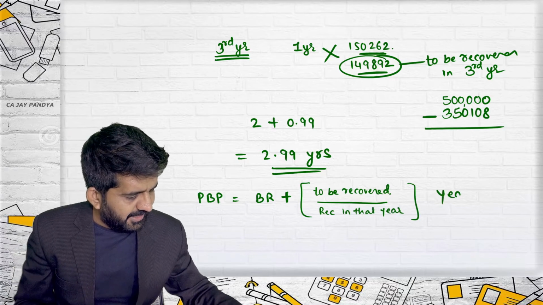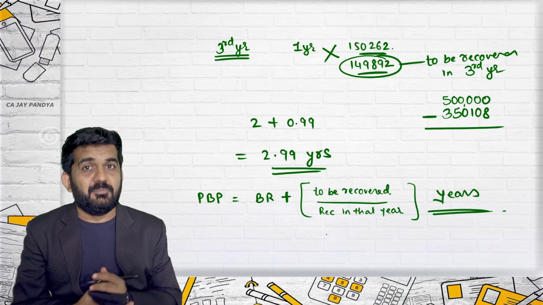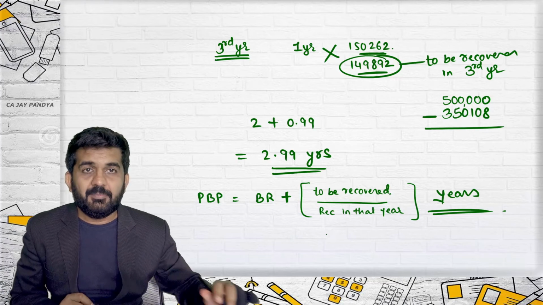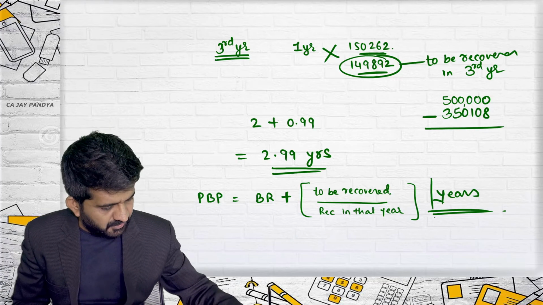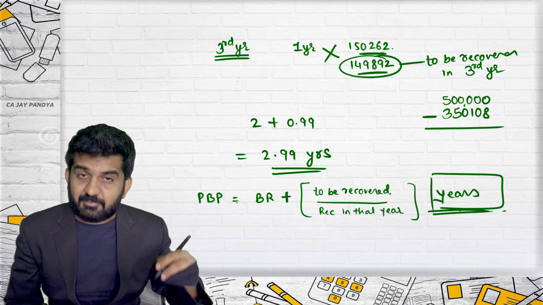I will be getting the answer in years. Again, you can find the answer in months also, in days also, by the same cross multiplication, but this answer will be in years. Alright.